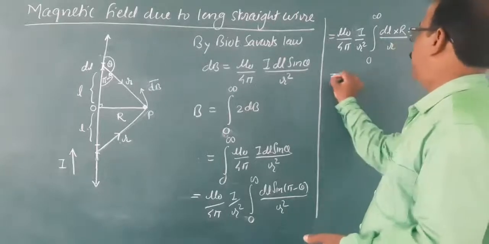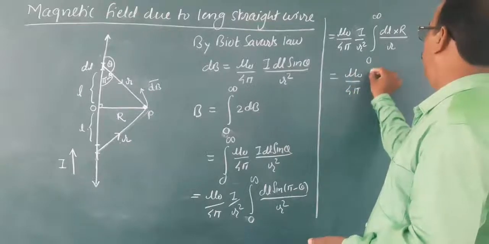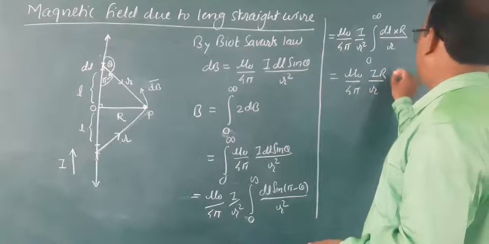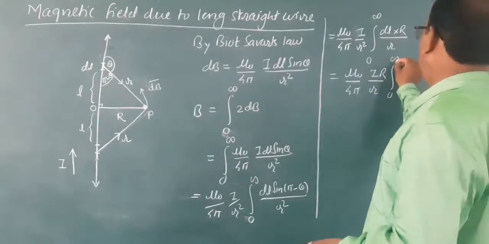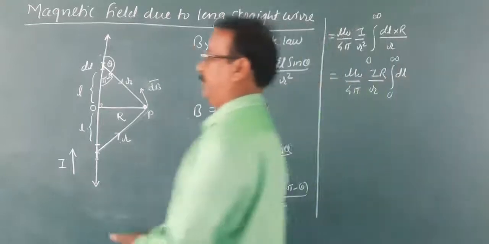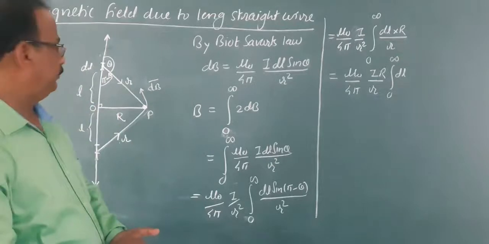Take this R upon r also out of the integration. In the integration, you will get dl only here.